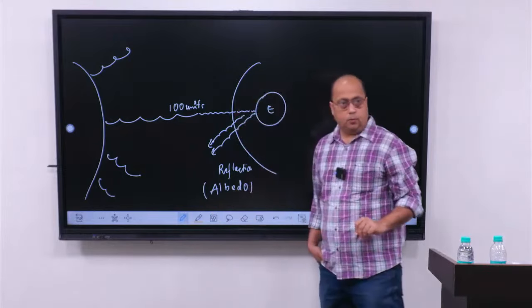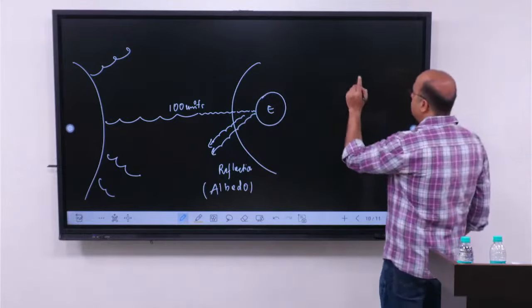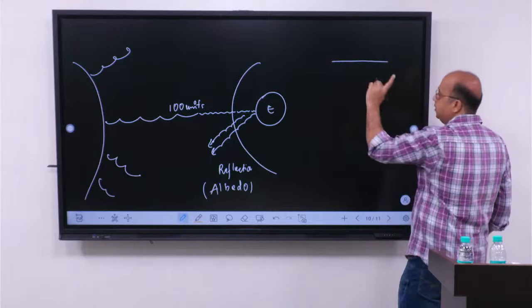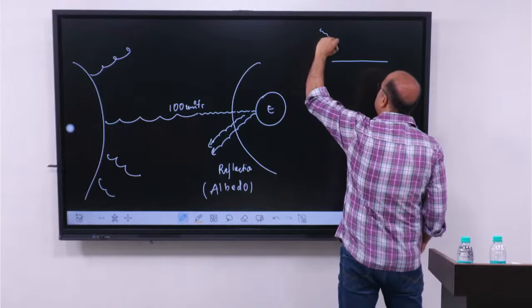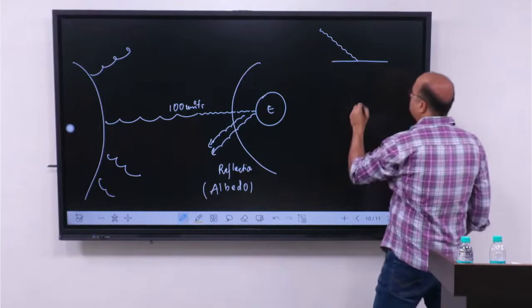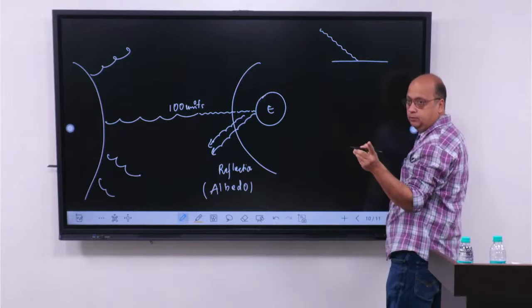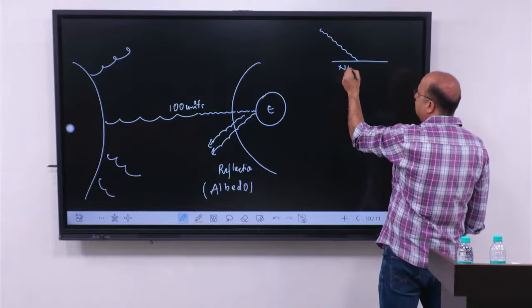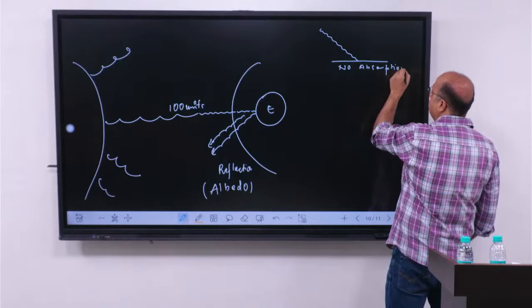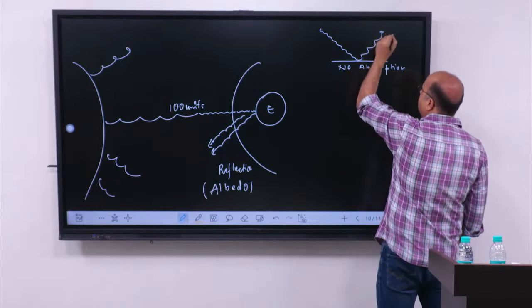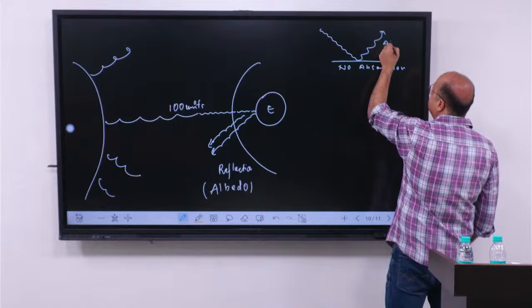Okay? Now what is albedo? What is reflection? See reflection. Last class I gave a clue. In reflection, when radiation is coming, do we have absorption or no absorption? No absorption. Without absorption, if something is going back, we call it albedo.